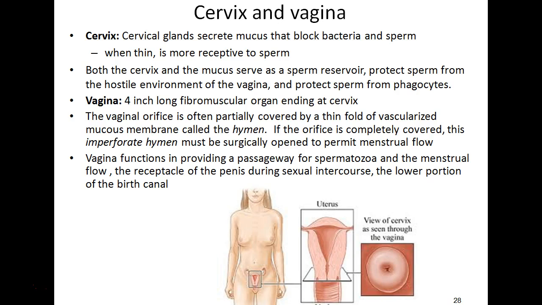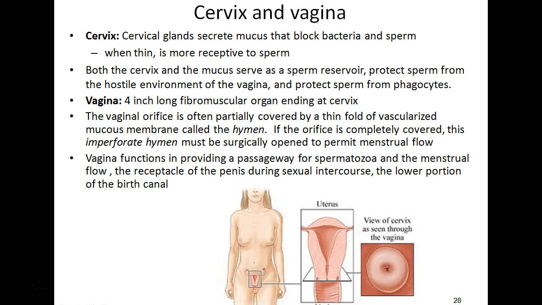So we can do a visual inspection to suggest the status of that. Both the cervix and mucus serve as a sperm reservoir. This mucus is going to protect sperm from the hostile environment of the vagina. The vagina tends to be rather acidic, and there's also phagocytes patrolling around that region. So the cervix with its mucus is going to protect that sperm.